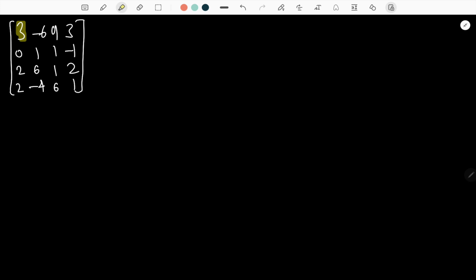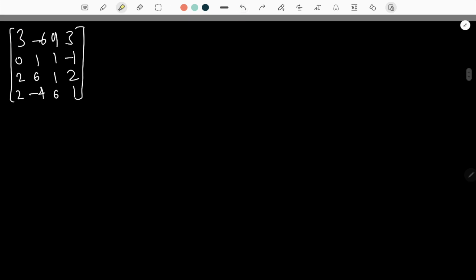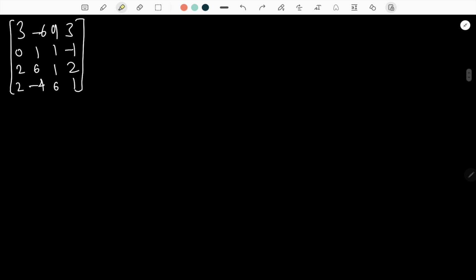So first step we can do is divide the first row by 3. So it will be 1 over 3 r1, so this will give you 1, negative 2, 3, 1, and everything else stays the same.